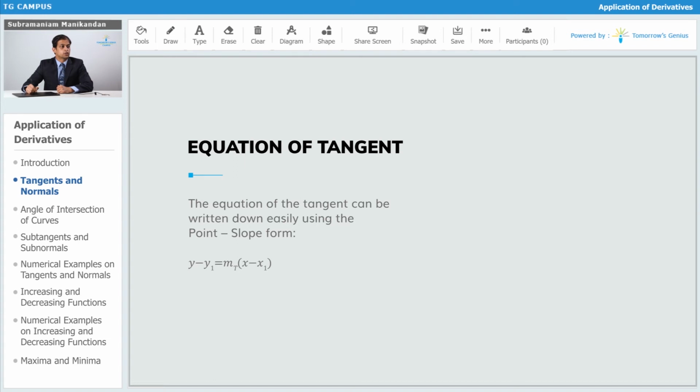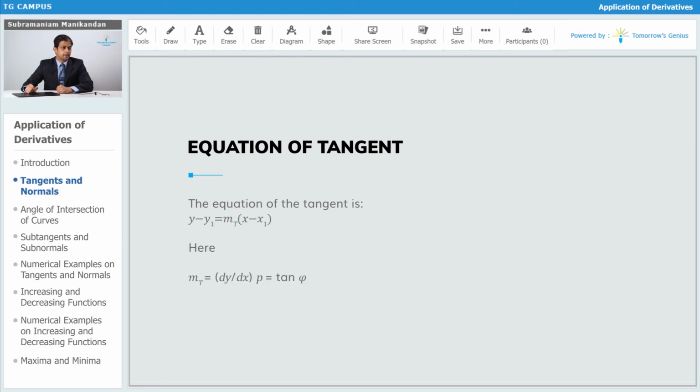So the point slope form is y minus y1 is equal to mt times (x minus x1). mt stands for the slope of the tangent. Hence, the equation of the tangent is y minus y1 is equal to mt times (x minus x1).